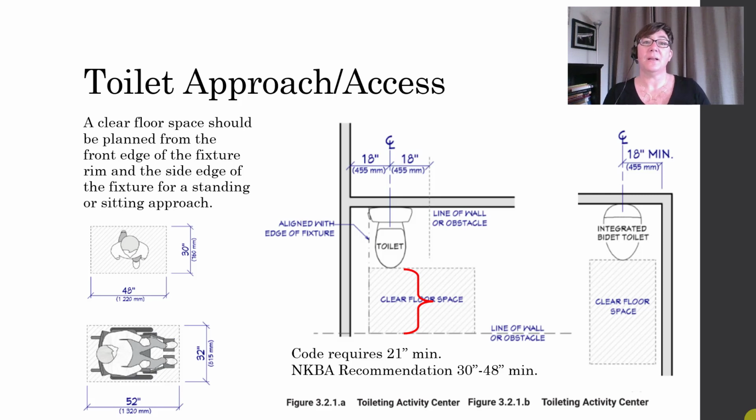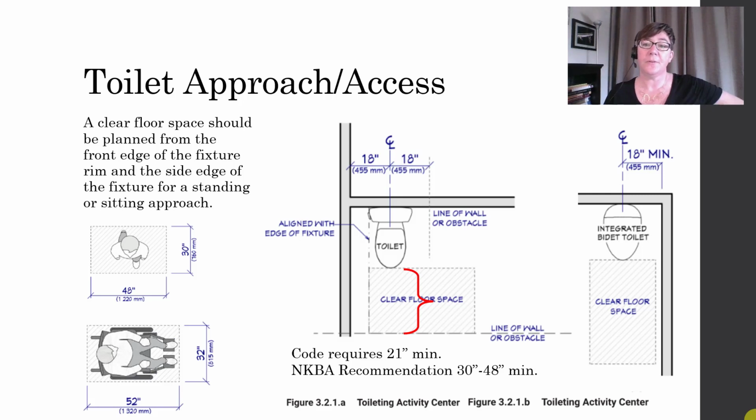Let's start out by taking a look at the toilet approach and access. Make sure that you plan a clear floor space from the front edge of the fixture, for a standing or a sitting approach, depending on your user. Remember that that's at least 30 by 48 or could be larger.